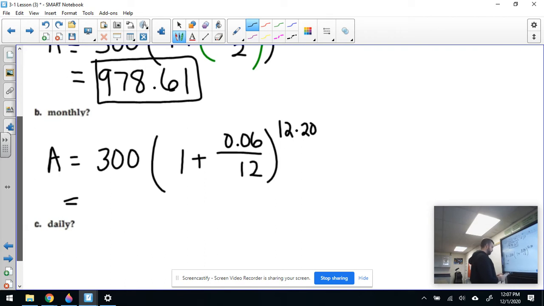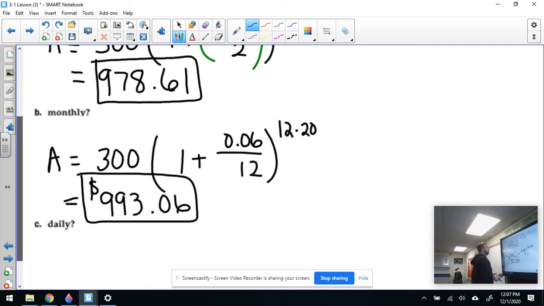And when I do this, this time I get 993.06. So notice compounded 12 times a year versus 2 times a year, I have an increase of about $15 more. So about $1 more per compounding.